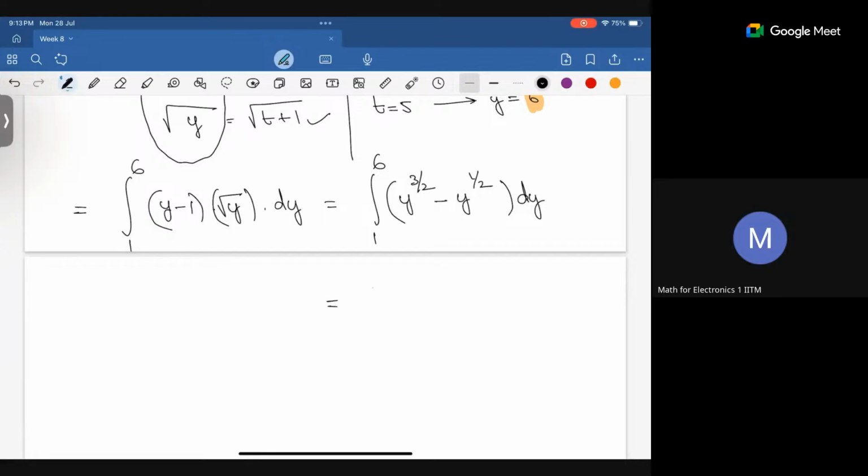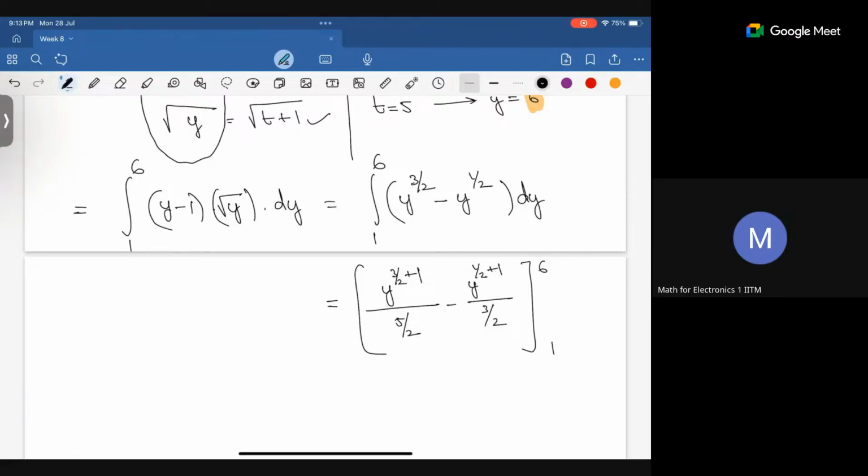So the antiderivative for y power 3 by 2 will be y power 3 by 2 plus 1, divided by 3 by 2 plus 1, which is 5 by 2. Minus, for this it will be y power half plus 1 divided by half plus 1, which is 3 by 2. And the limits are 6 and 1. So all you have to do is substitute 6 and then subtract by substituting 1.